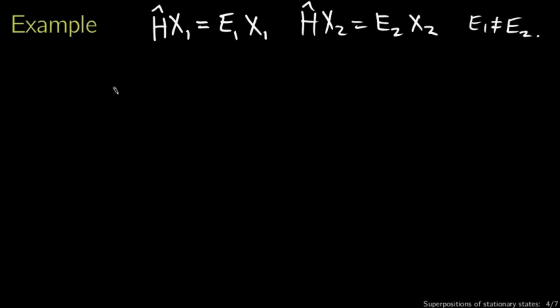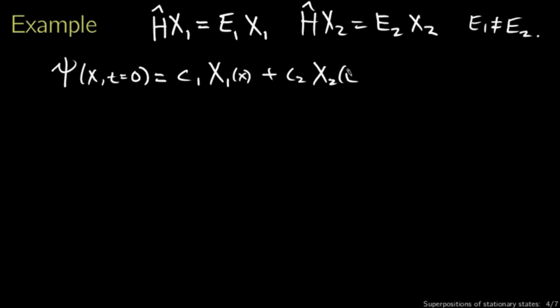I'm going to use these to construct a wave function, let's say psi of x at time t equals 0, and let's say it looks like this: c1 times x1 as a function of position, plus c2 x2, which is a function of position. Now, at some time later, we can add on our time dependence factors, knowing what they look like.